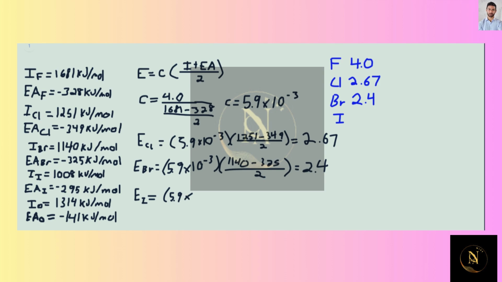For iodine, it's 5.9 times 10 to the negative third times 1008 plus 295 over 2, so that's an electronegativity of 2.1. So these are the electronegativities of our halogens right here.